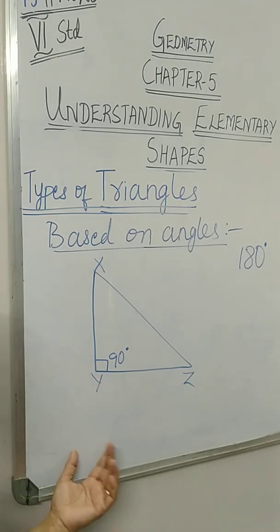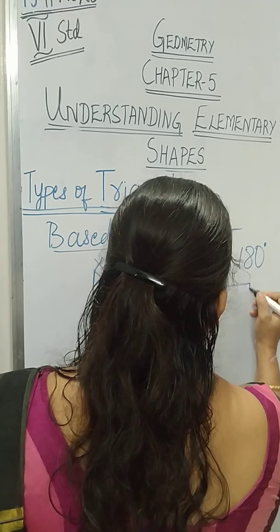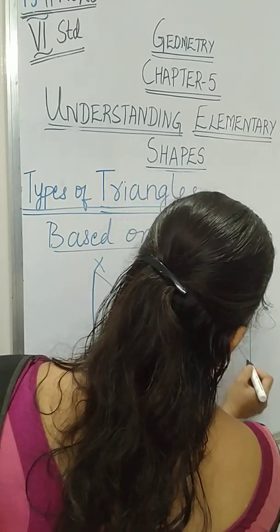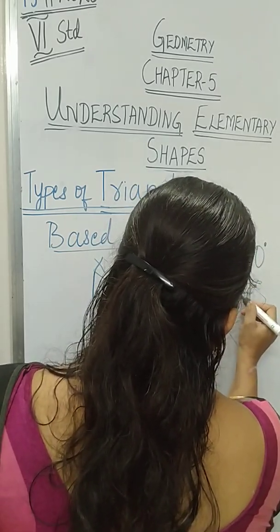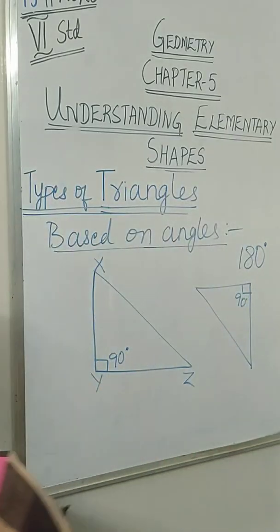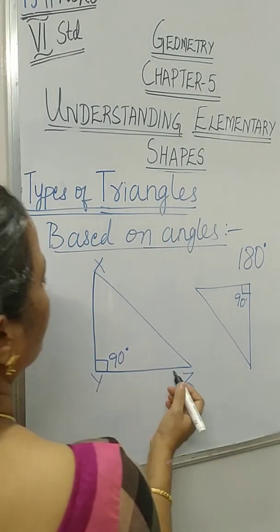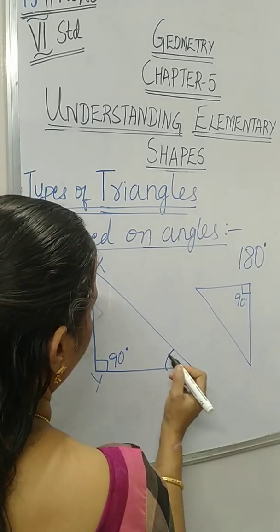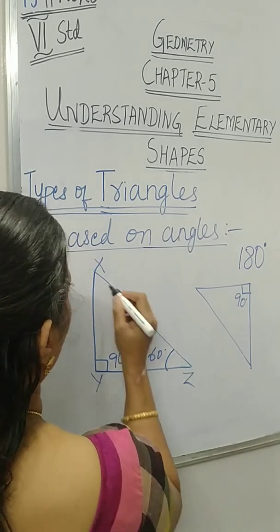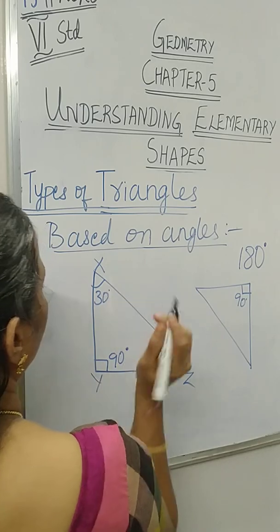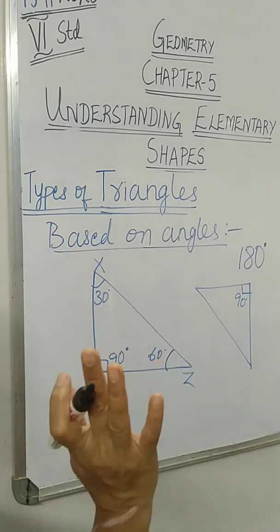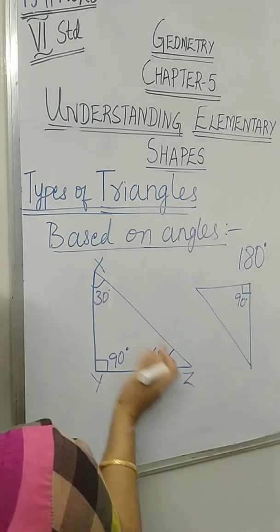It is in L shape. Here also I'll show another one. Look here. Here also it is L shape. Here 90 degree. If one of the angles in a triangle is 90 degree, the other two angles I am not naming. If you want, I'll show you. This may be 60 and this is 30.